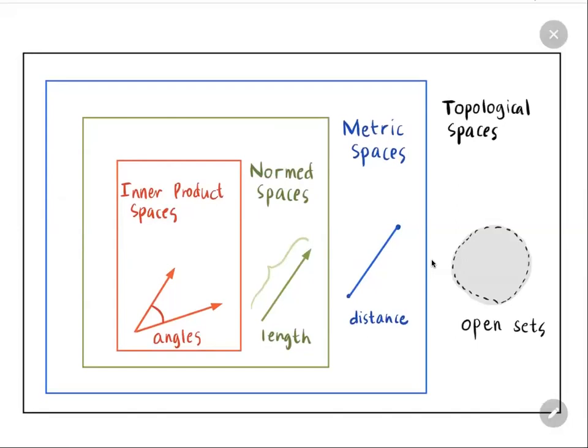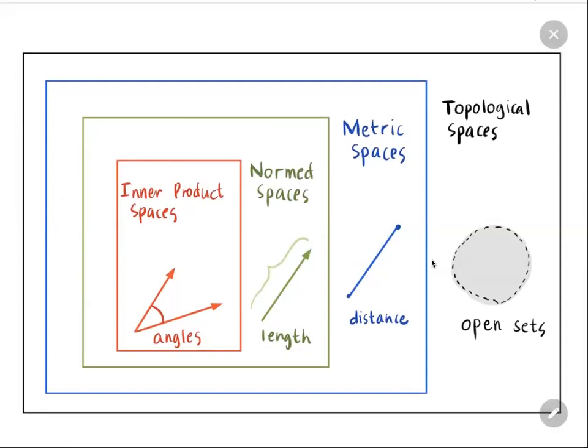Going inside, we have the normed spaces, which is a generalization of length. Norms are generalizations of lengths, and as you can see, the metrics generated by norms are translation invariant.